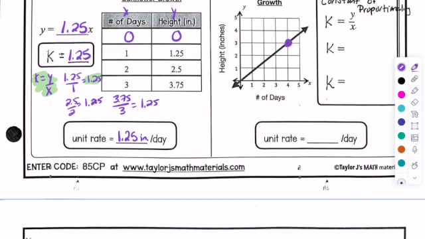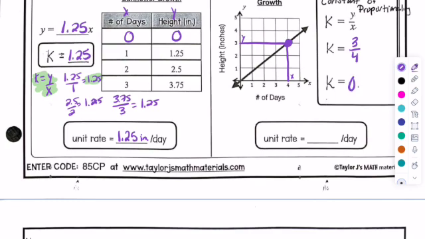And for the tomato plant, again, we have a graph, so we're looking for a lattice point, a point in the crosshairs. So we could use this point, and our Y value is 3, our X value is 4. So when we go to create the fraction, Y over X for that ratio, we get 3/4.